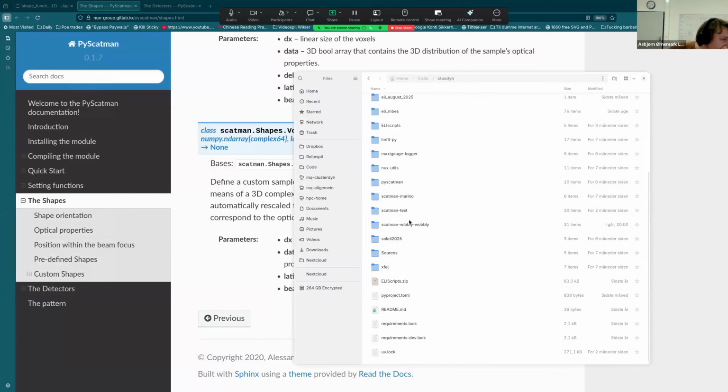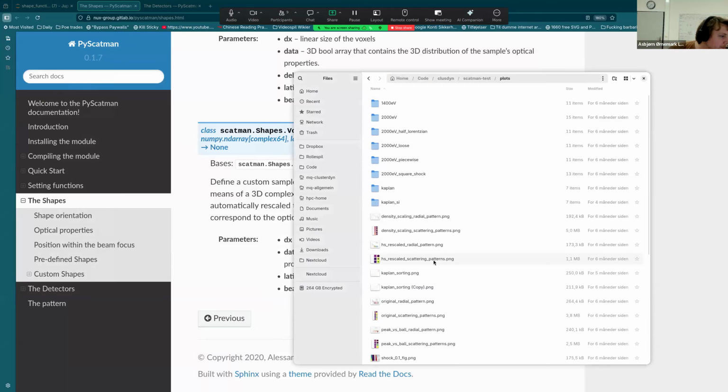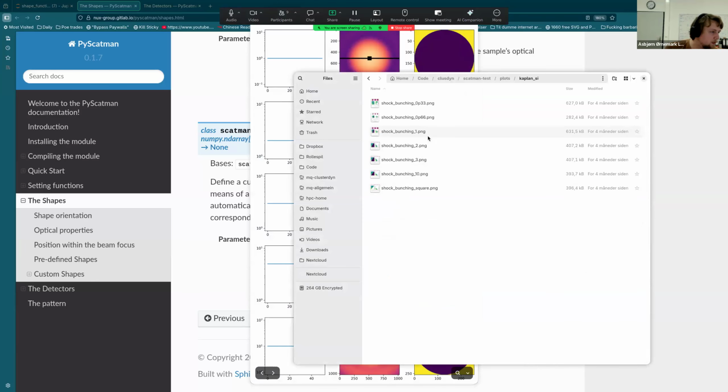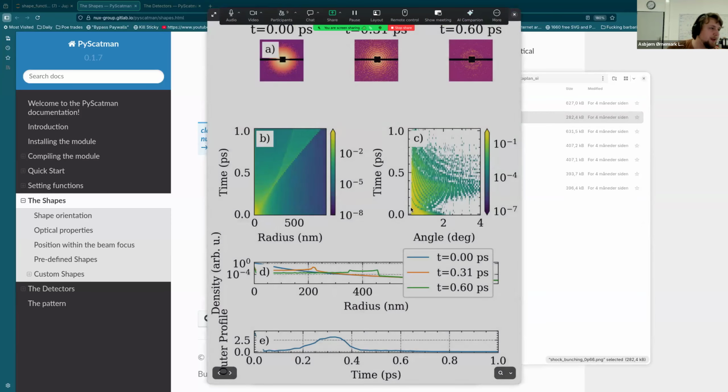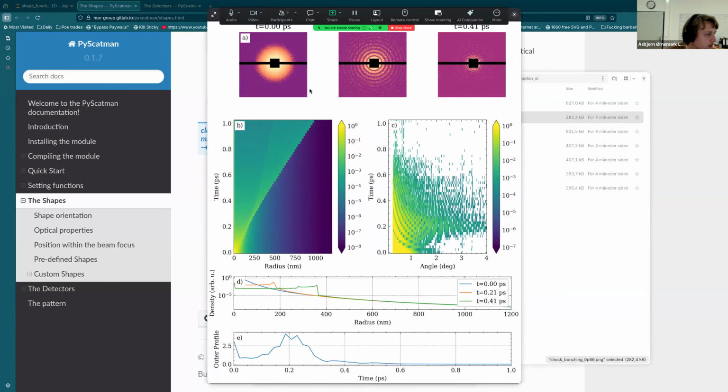Where did I put this? I think it's in here. So what you can do with these is make a model for your nanoplasma explosion, and then you can evolve this model, and then you can transform this model of your nanoplasma explosion into a volume.